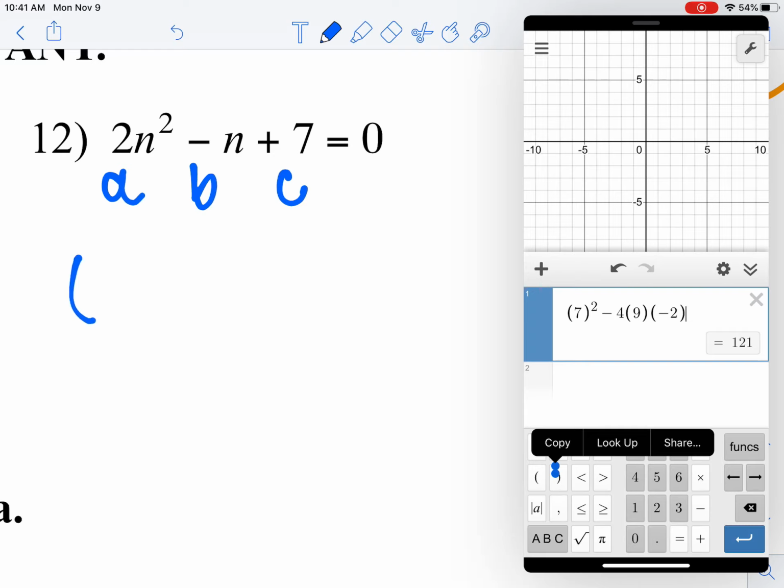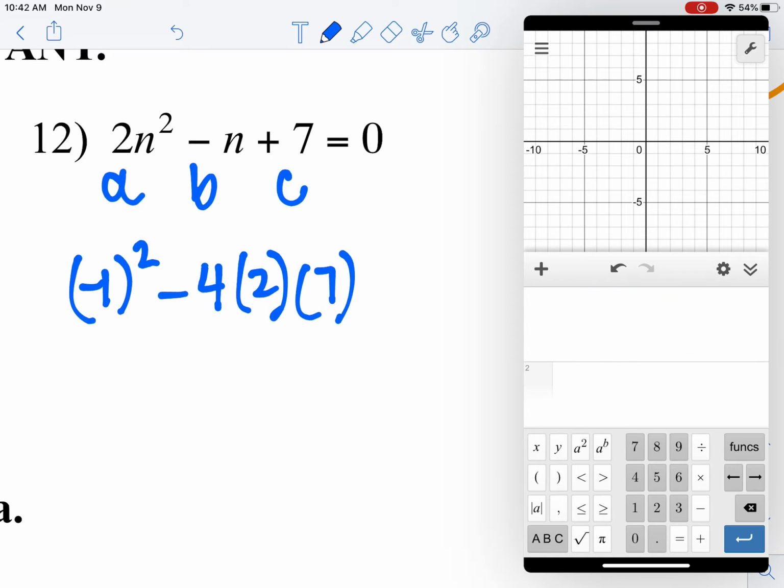Okay, over here, a is 2, b will be -1, c is 7. So if I do b squared, I'll say -1 squared minus 4 times 2 times 7. Oh gosh, that is -55.